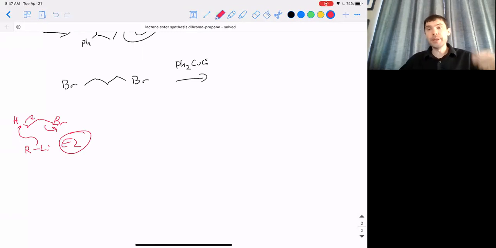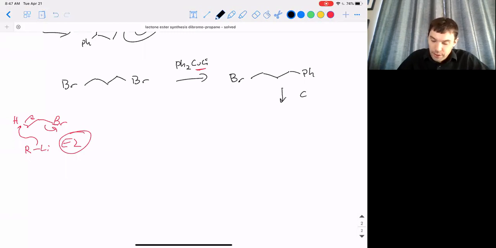And unfortunately, E2 reactions can compete with our SN2 reactivity. And so the cuprate ends up being the choice reagent here to facilitate the SN2 instead of the E2 reaction. In any event, that lets us get to this reagent. And then we can take this with our cyanide and do the same SN2 reaction.